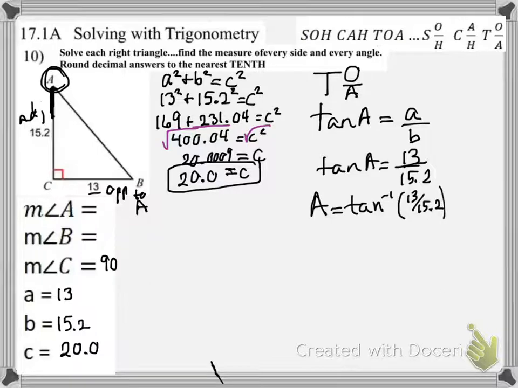Notice I did not do 13 divided by 15.2 and round off, because I don't want to round off until I get to the final answer. I get capital A equals 40.539, and of course it can keep going beyond that. But we want the nearest tenth.